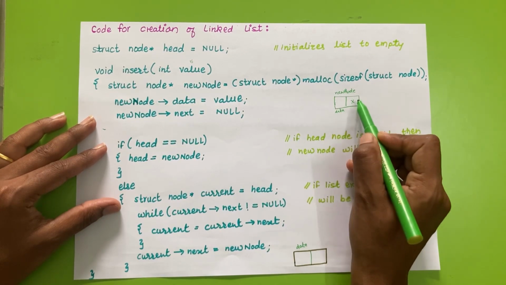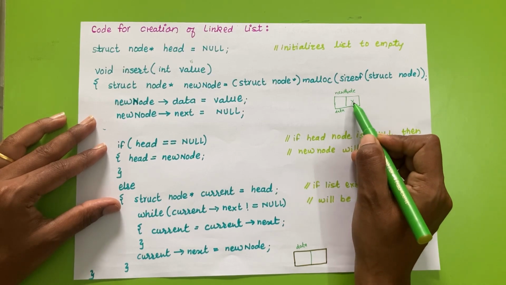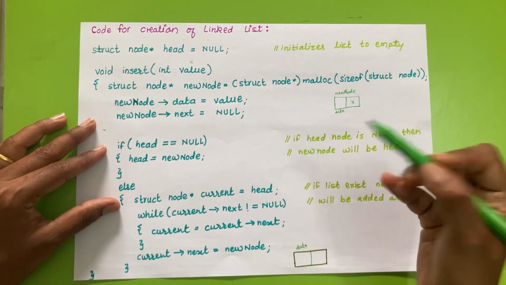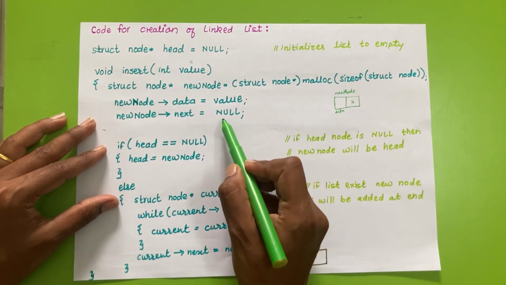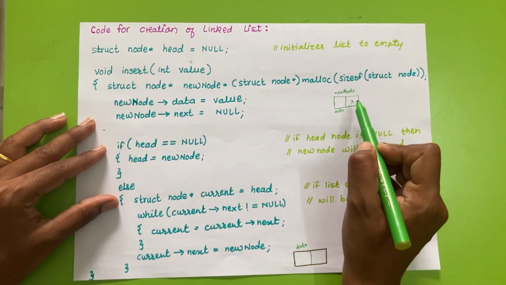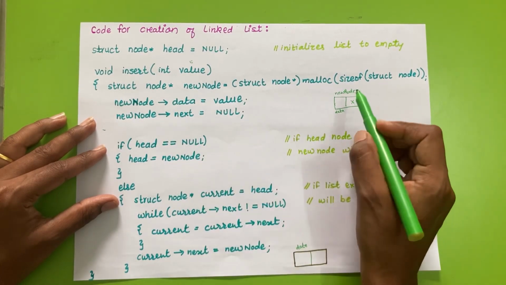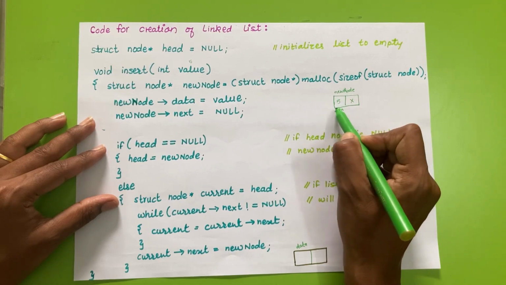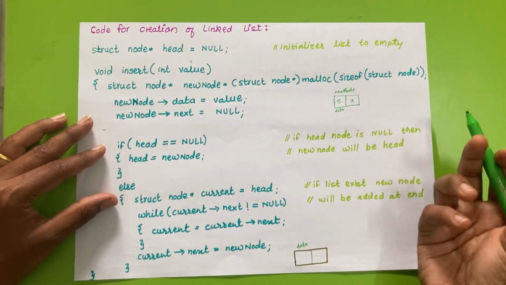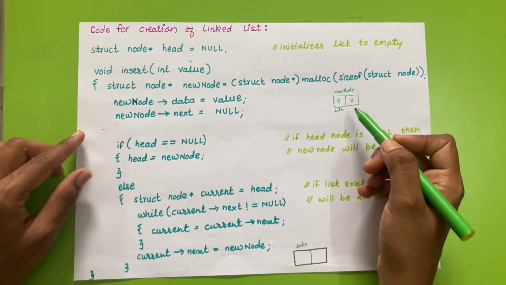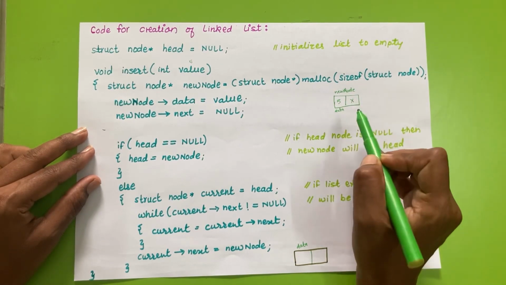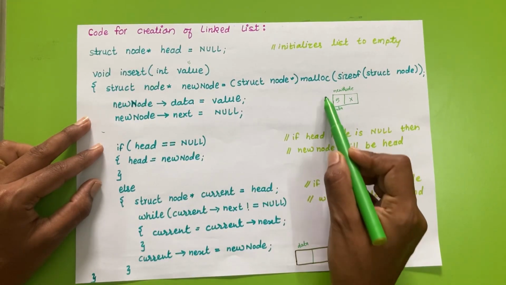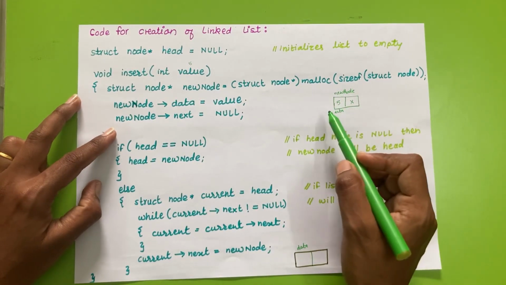This is a single node, that's why we will put null in the pointer field, because we don't know what will be the next node to this node. So first we will assign null to the pointer field. We have created this single node, and if our linked list is blank, then that will act as the head node. Up to this line we have created a single node.